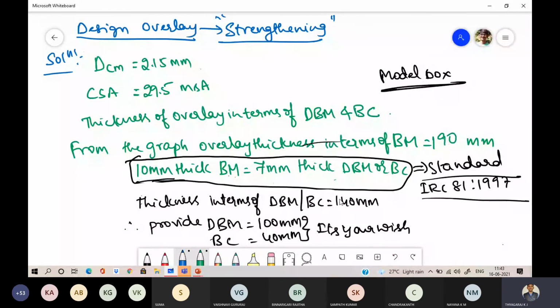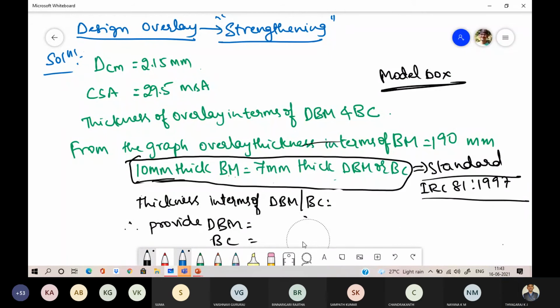Now check how much you are going to get in terms of DBM and BC. 10 mm is equal to 7 mm. 190 is equal to how much? 190 into 7 divided by 10 is 133 mm.